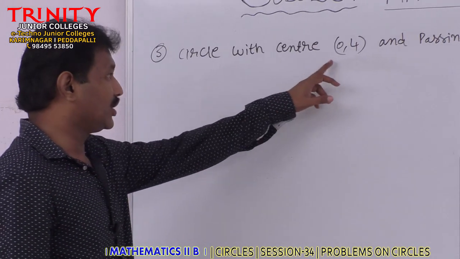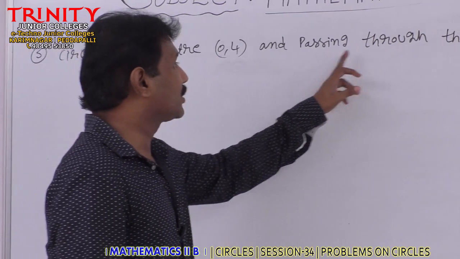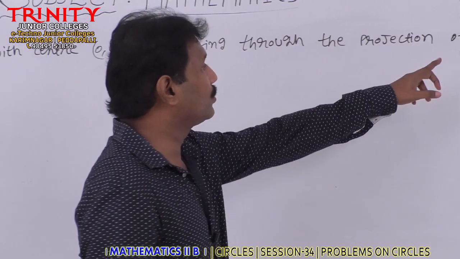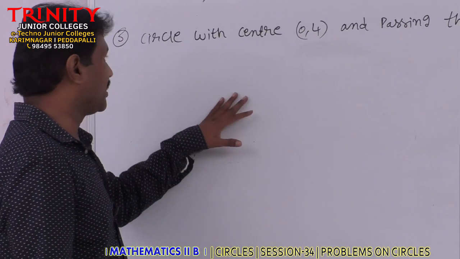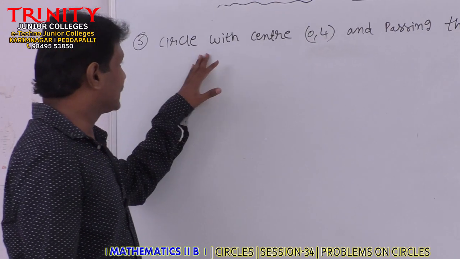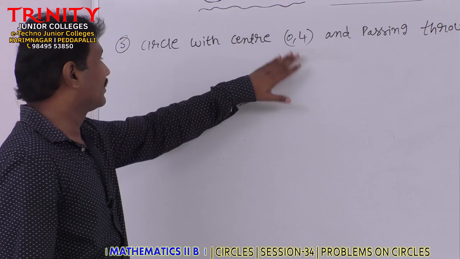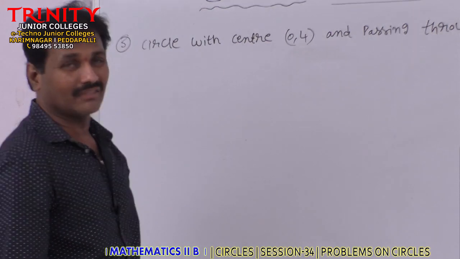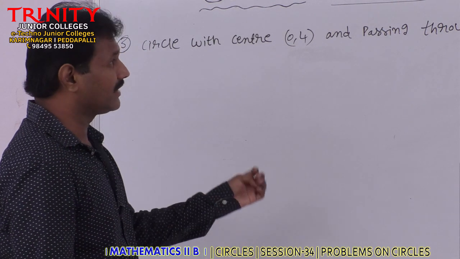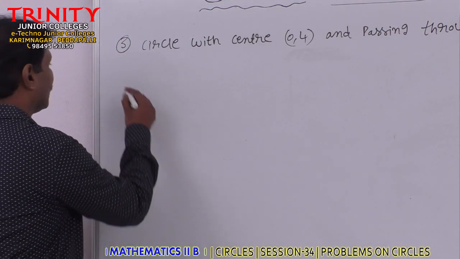Next: a circle with center (0, 4) passing through the projection of (2, 4) on the x-axis. In this case, we find the equation of the circle. The center is known, (0, 4). We find the radius of the circle, then automatically we find the equation of the circle. Solution.